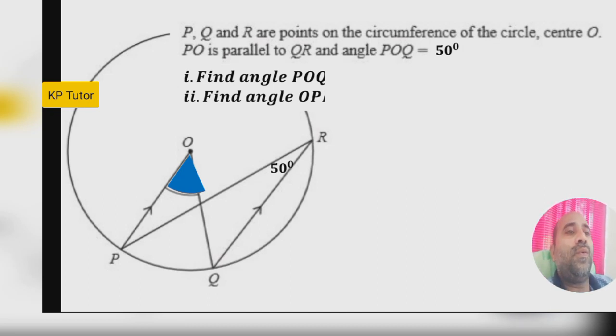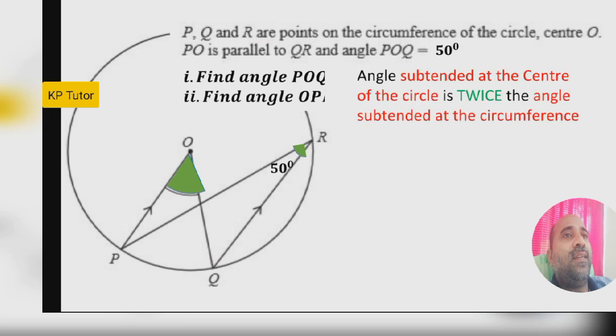So we have to connect the theorem first. Before that, just look at these two green marked angles. How can we connect? Angle at the center is twice the angle at the circumference, or the angle subtended at the center of the circle is twice the angle subtended at the circumference.